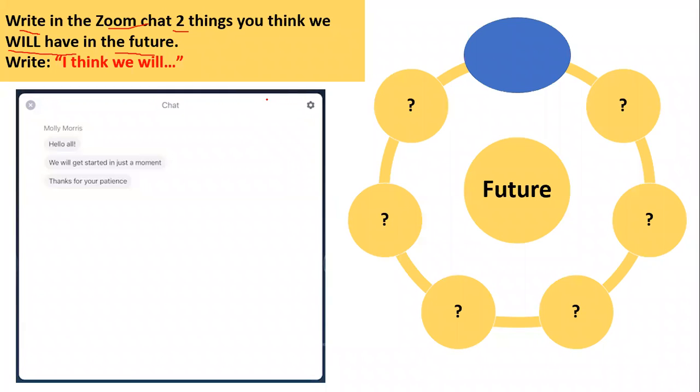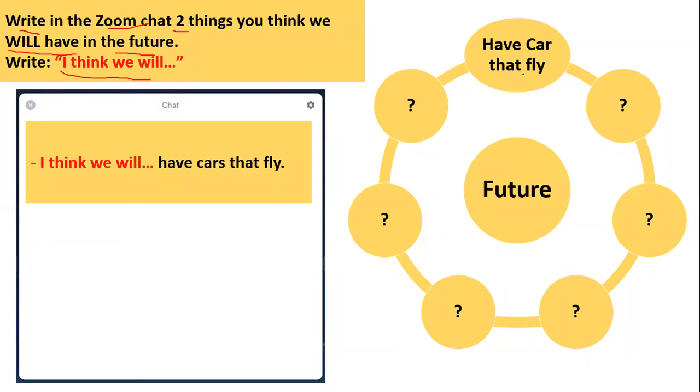You have to start with I think we will. For example, I put this: I think we will have flying cars that fly. So in the Zoom chat, put two things that you imagine we will have in the future. But you have to write I think we will, and then invent the next part.